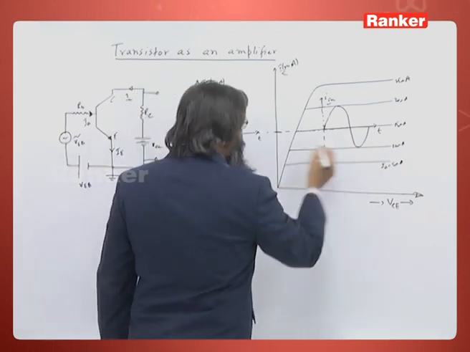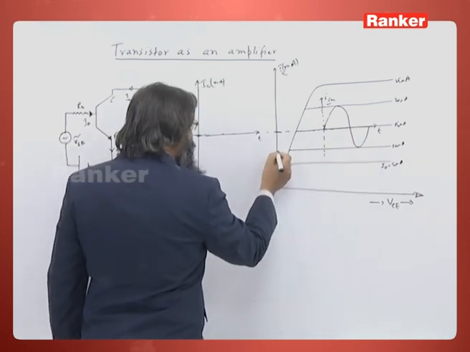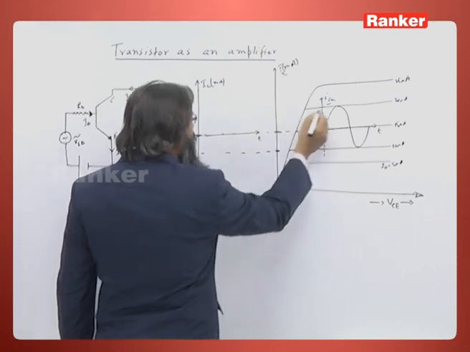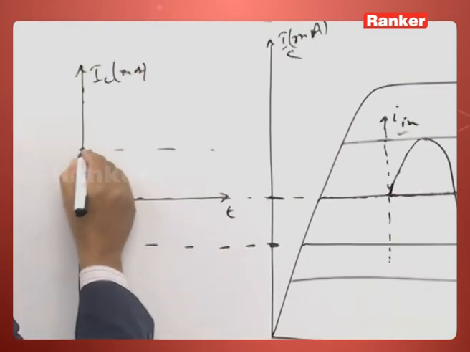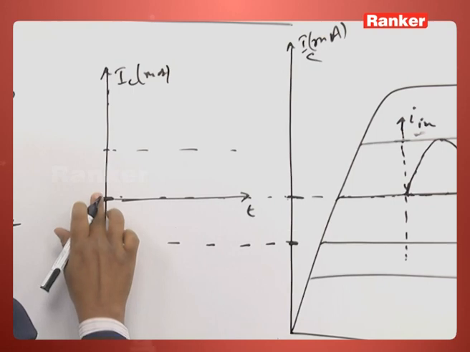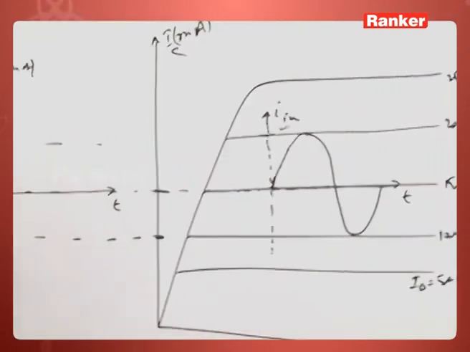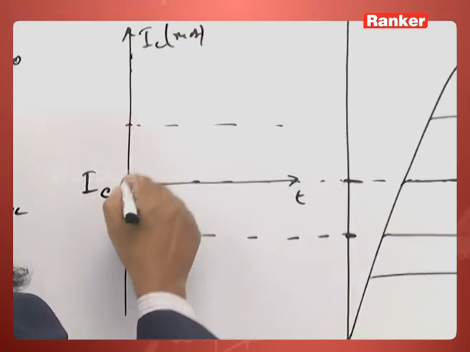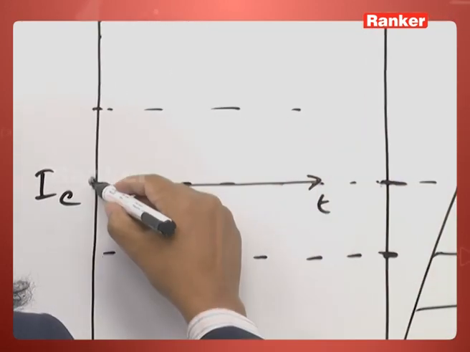So, according to this, the collector current IC will also vary with this.